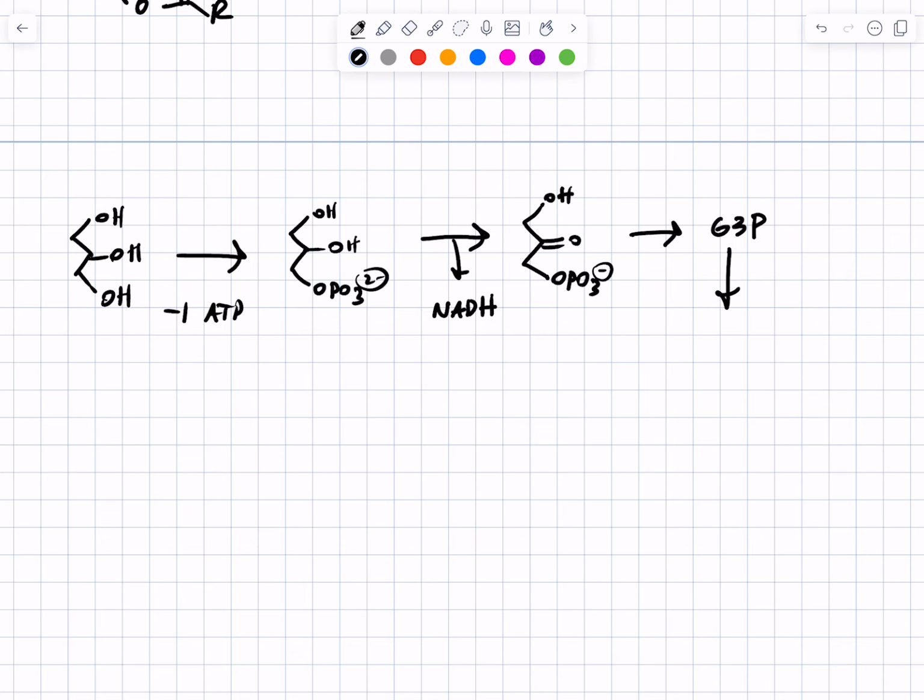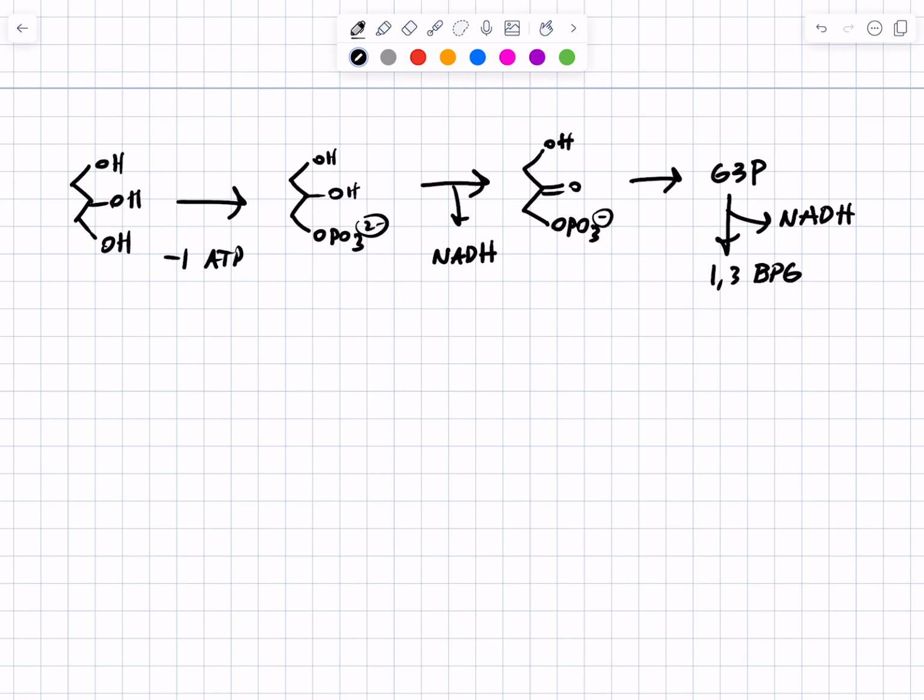We're going to have to look it up, aren't we? Glyceraldehyde 3-phosphate gets oxidized to 1,3-bisphosphoglycerate, and that generates an NADH, right?